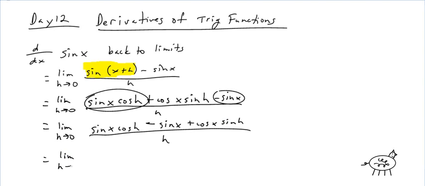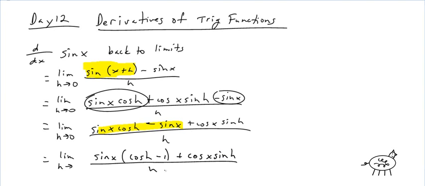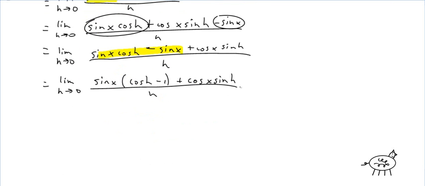Then I'm going to factor a sine of x out of this first group right here. So I'm going to get sine of x times cosine of h minus 1. And let's keep going here, plus cosine of x sine of h all over h.